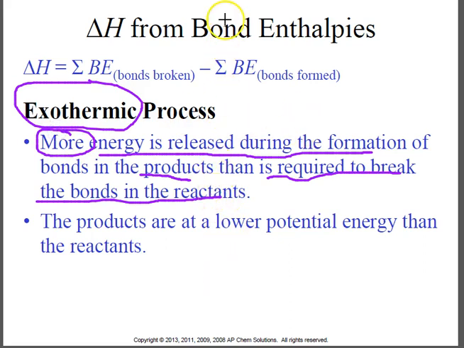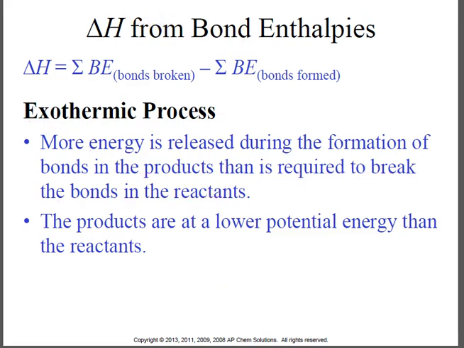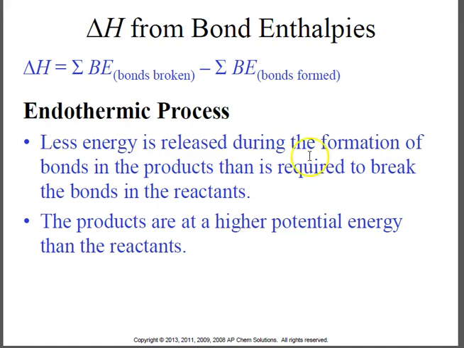Let's look at the opposite scenario. If we have an endothermic reaction, that means that less energy was released than was required. So we required more than we released. When is it released? When the bonds are formed in the products. When is it required? When the bonds are broken in the reactants.